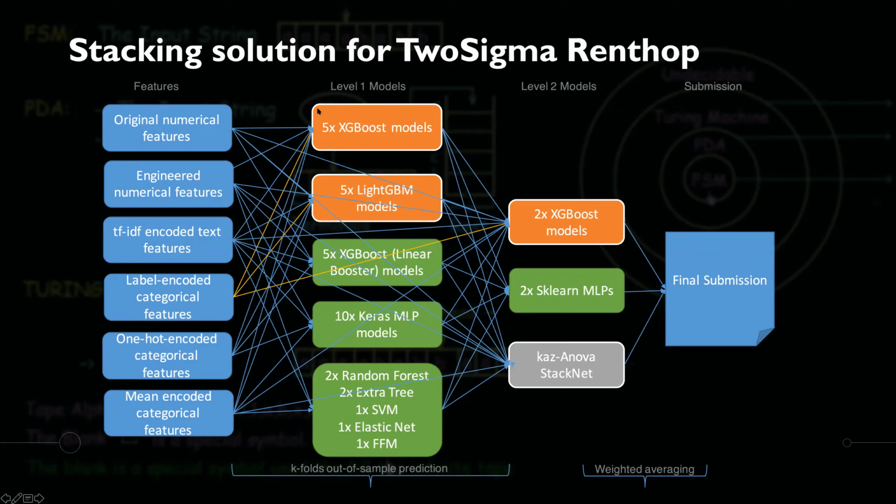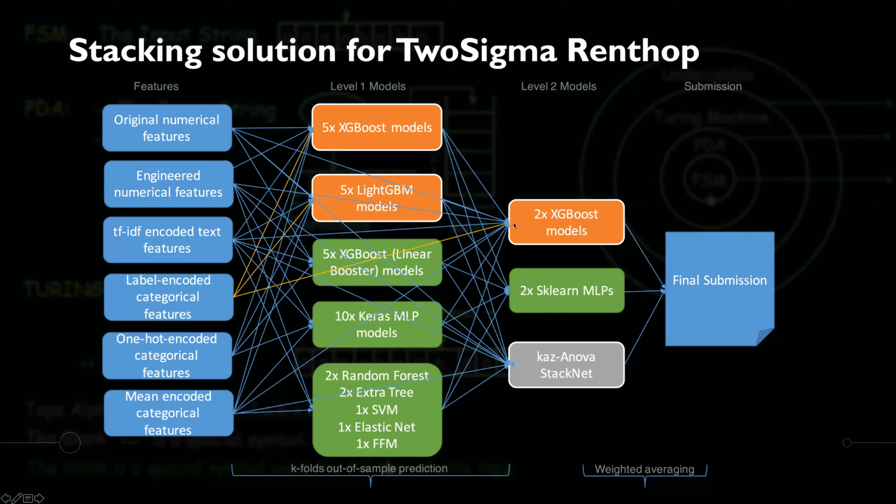So we end up training the same algorithm using different combinations of features, which also effectively increases the model's performance quite a bit. And for the stacking models, I also use XGBoost and neural networks to train the stacking layer.